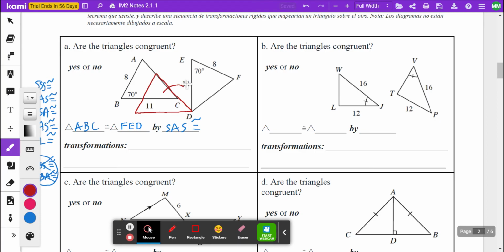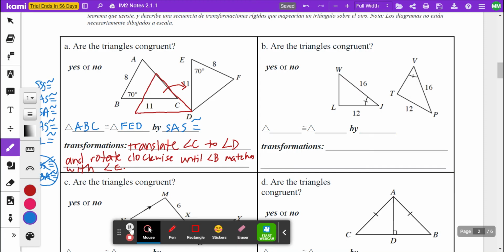Now, I don't have the ability to rotate with this program, so you're going to have to imagine it, but I would translate angle C to angle D and rotate clockwise until angle B matches with angle E.